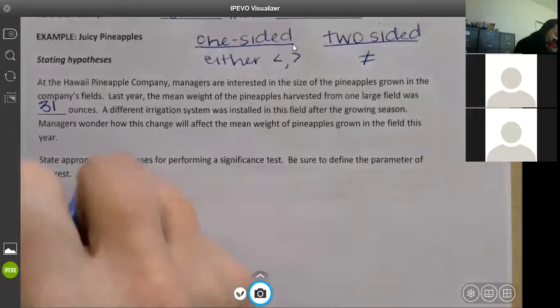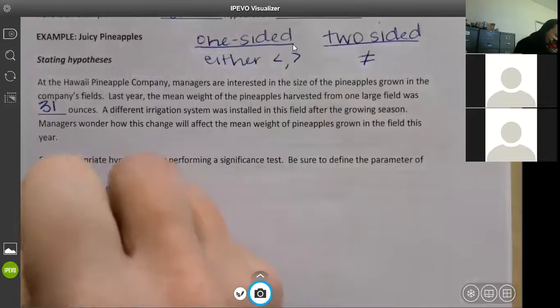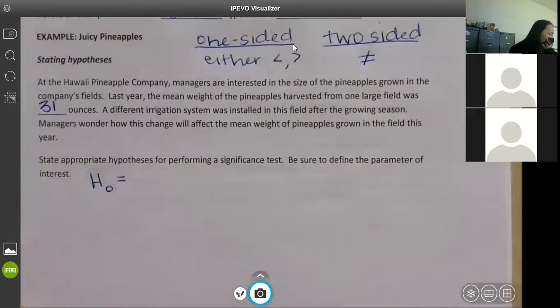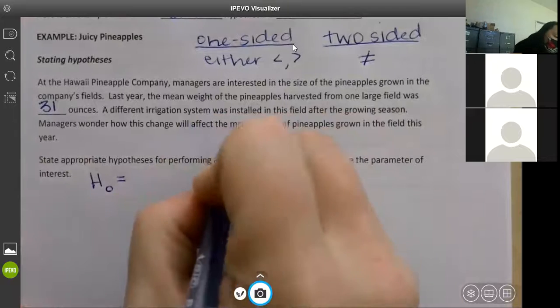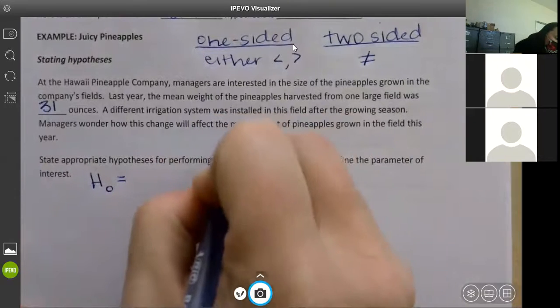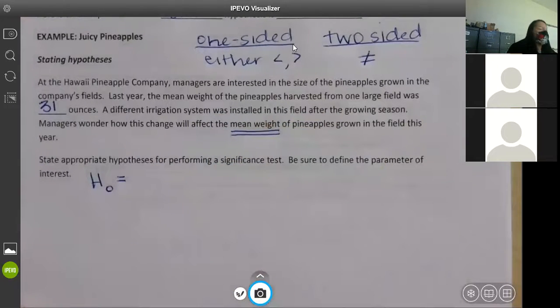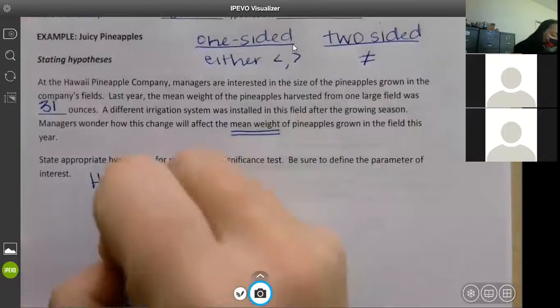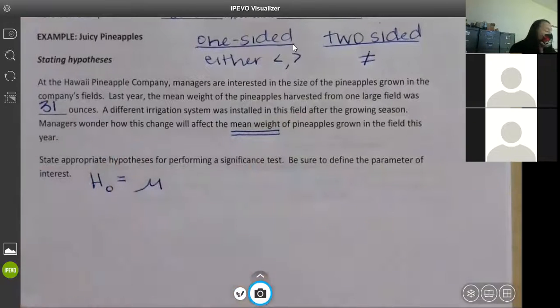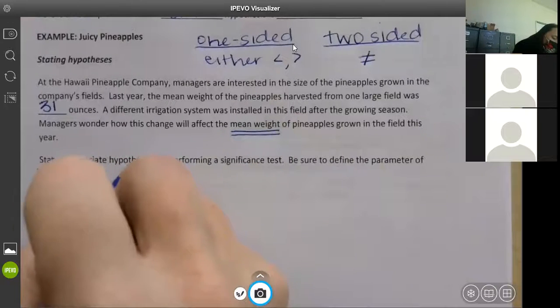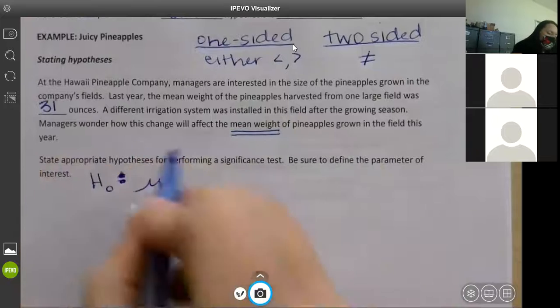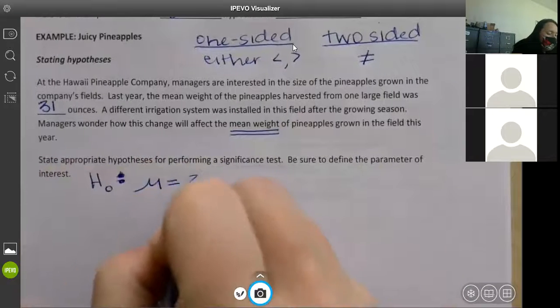So we're going to start with our null, which is no difference. We're talking about the mean weight. So mu, sorry, these should be a colon, is going to equal 31.